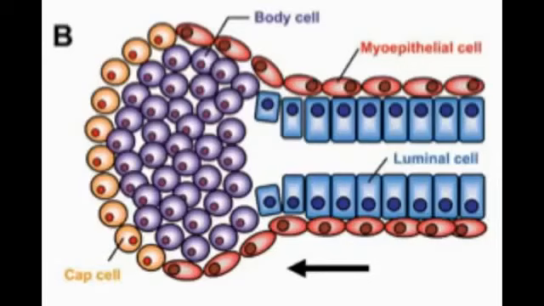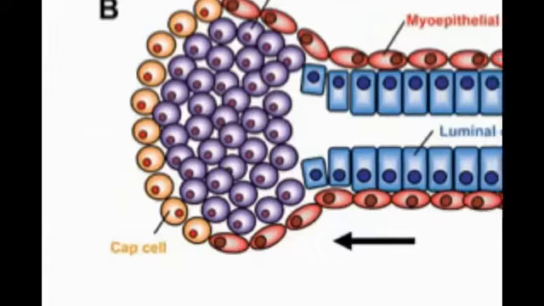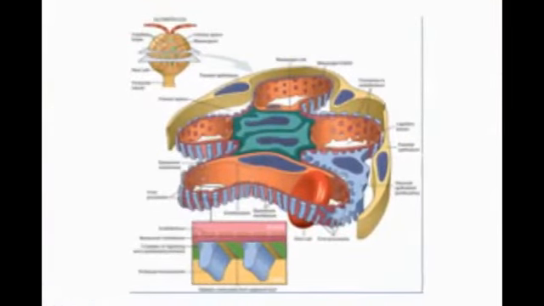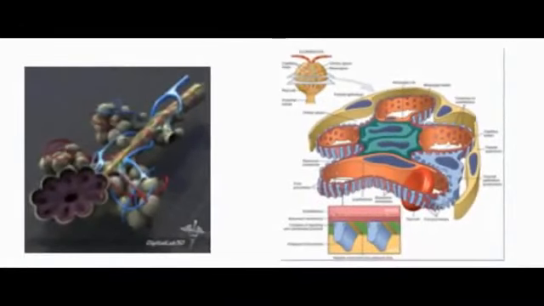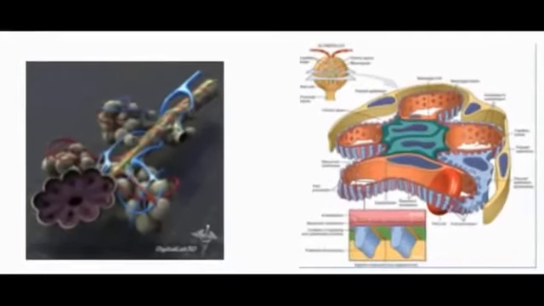Okay, in the bottom of the slide, you see again the comparison between the organization of the cross section of the ductal system. On the left side, you see if you make a cross section through the gland, the organization of the ducts is again the same like in the cross section of the Bowman capsule inside of our kidney and in the cross section of the alveolus sac inside of our lungs.